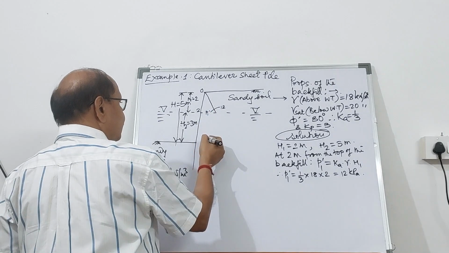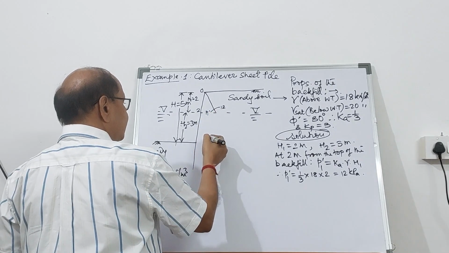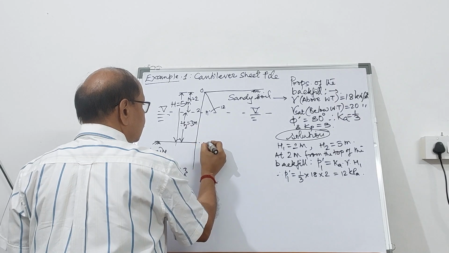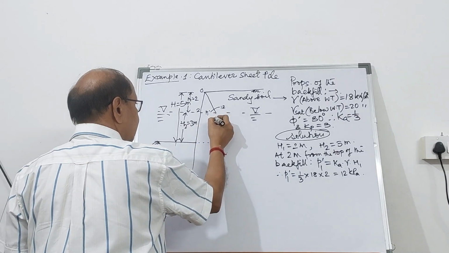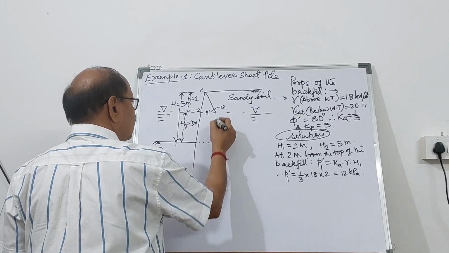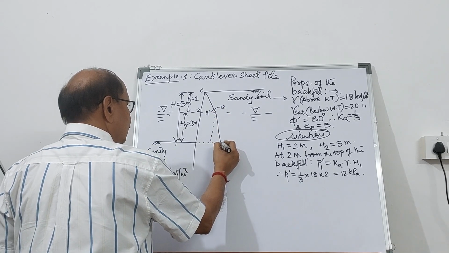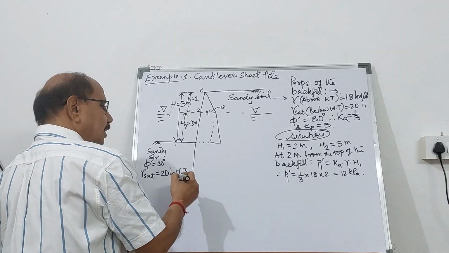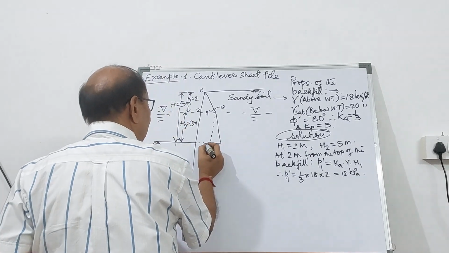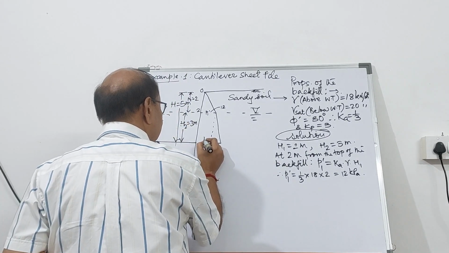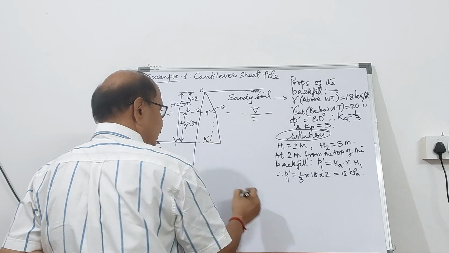Now below this, the backfill is submerged. So you can calculate the pressure below this. The pressure variation can be calculated here. So here the total pressure, let's say it is P2 prime.